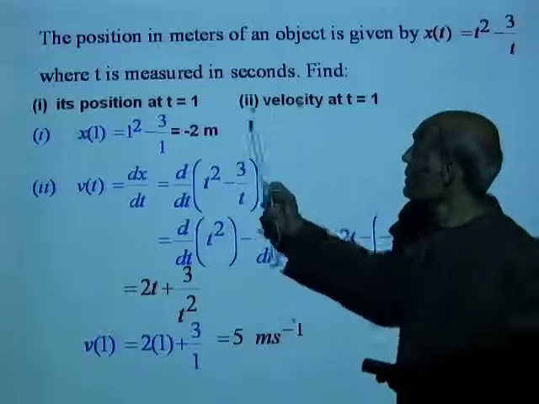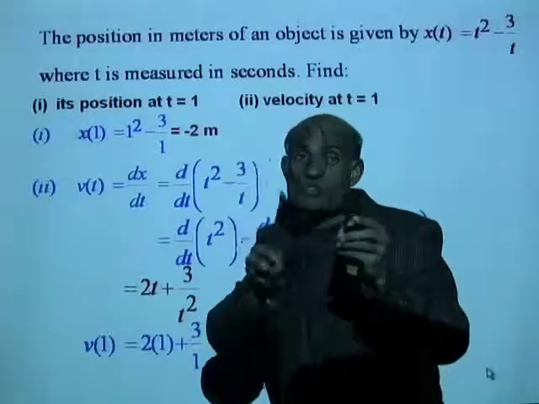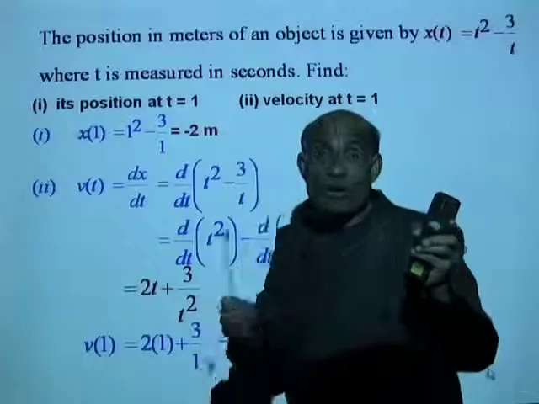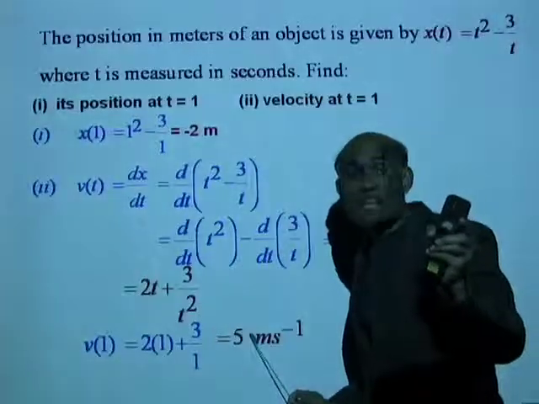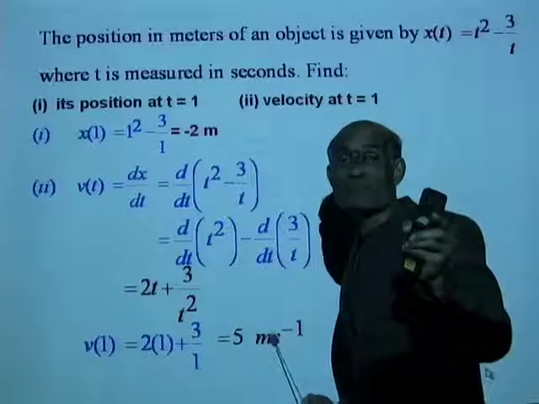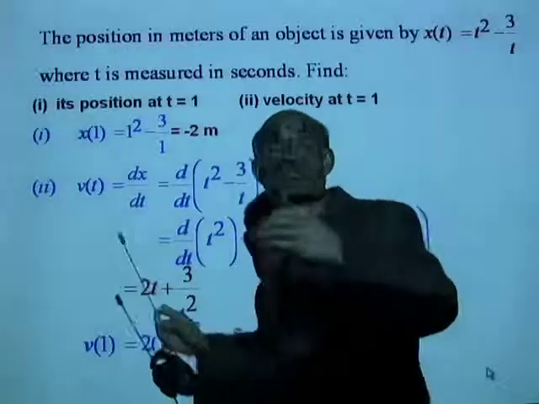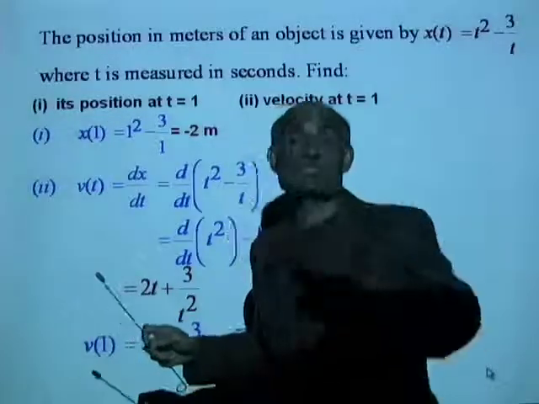What it tells you is that at t equal to 1 second, that object is 2 meters to the left of the origin, and at that instant, its velocity is 5 meters per second. And as time changes, these things will change. The position will change, the velocity will change.